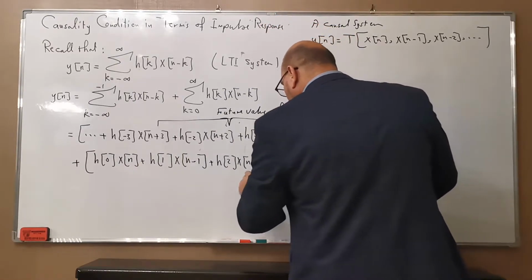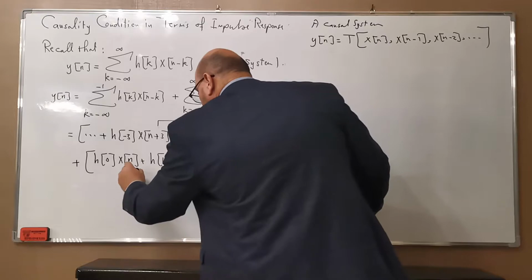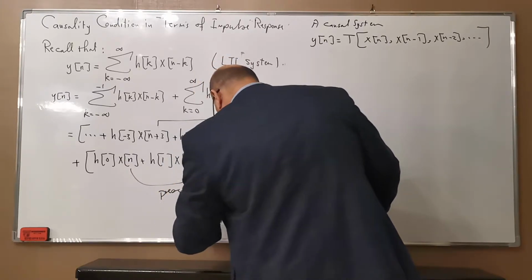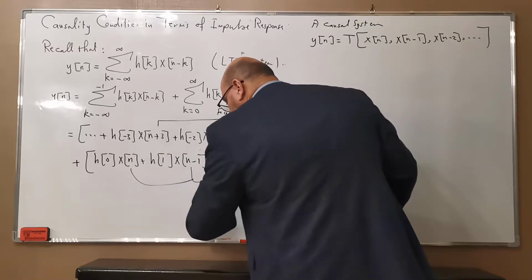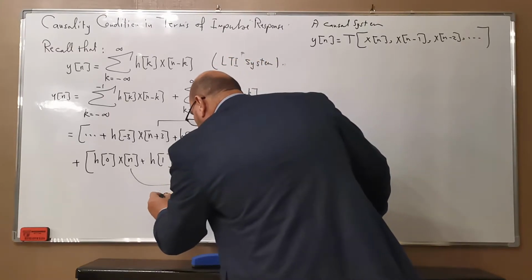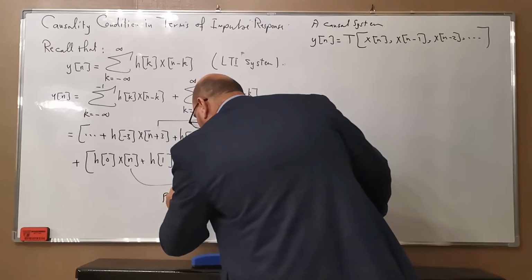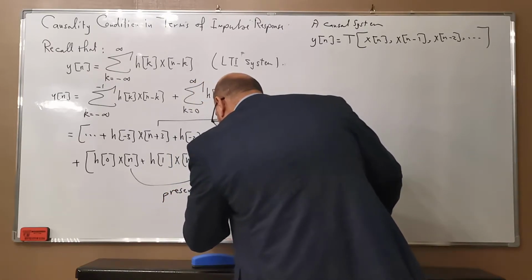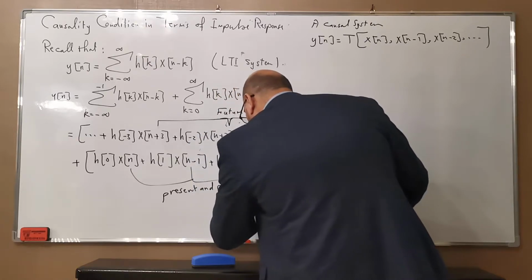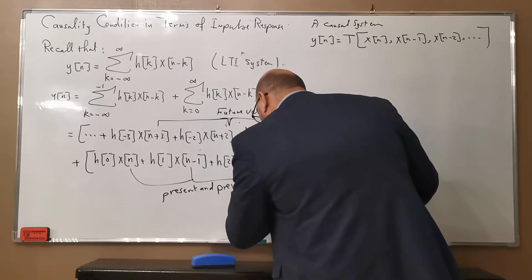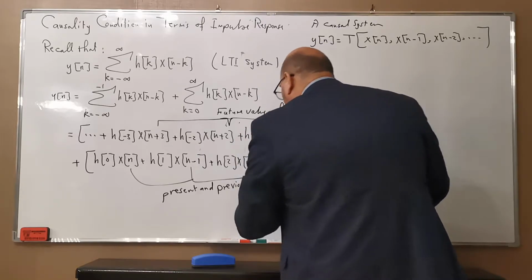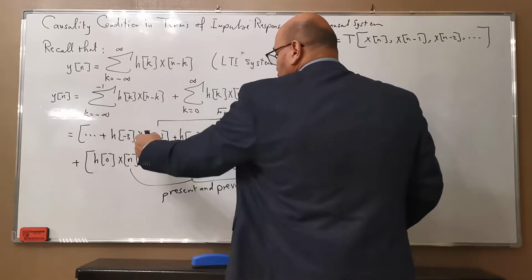But here, those are present and previous values of x of n. So this term here should be 0.